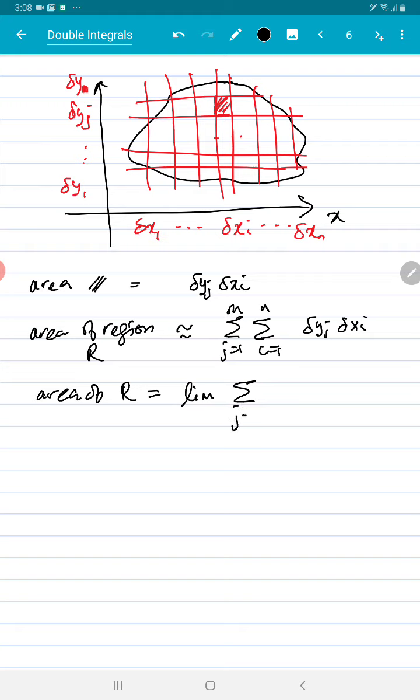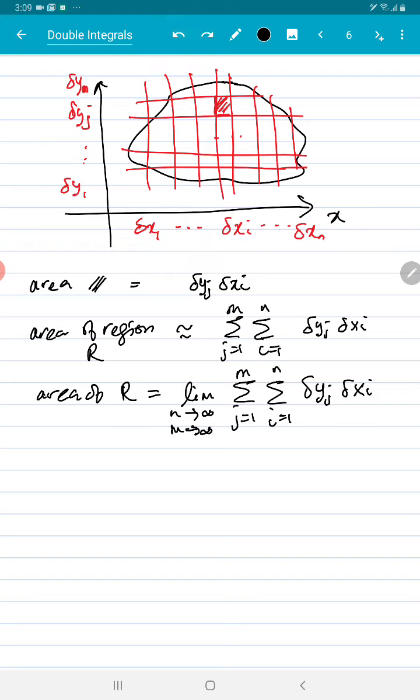Here j is going to be from 1 till m, i is from 1 till n, delta yj, delta xi, and the limit is n going to infinity, m going to infinity as well, because we take delta xi and delta yj very, very small, close to 0.